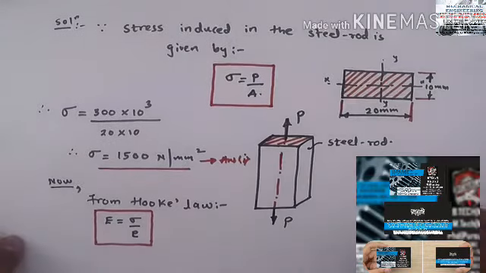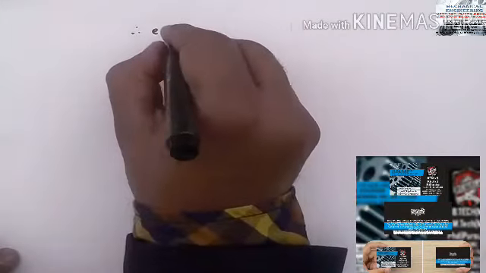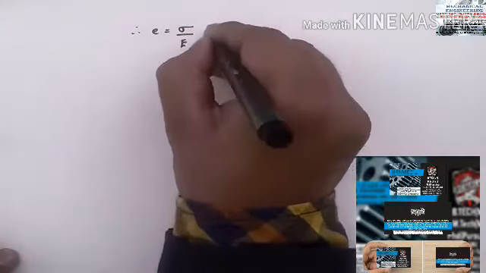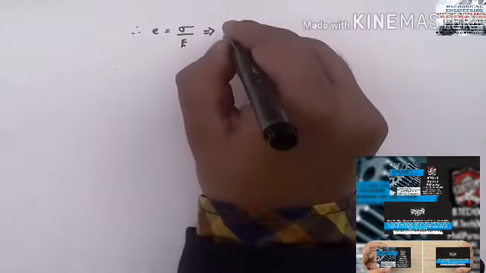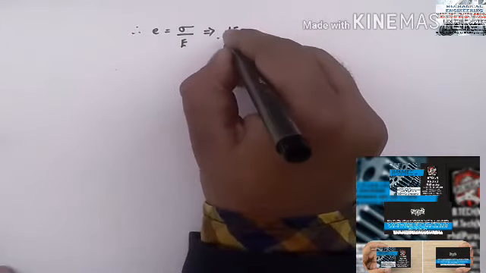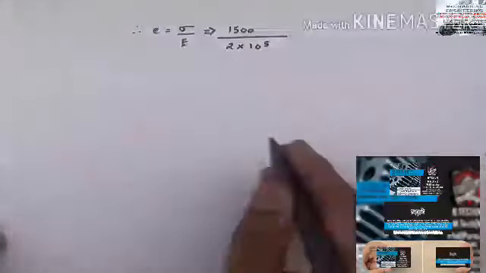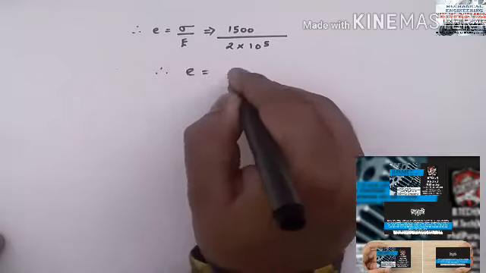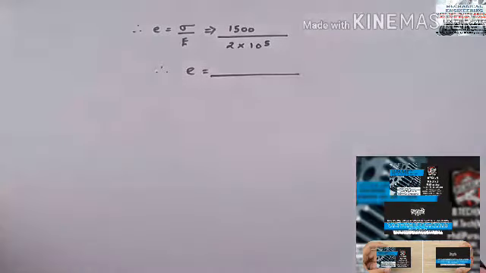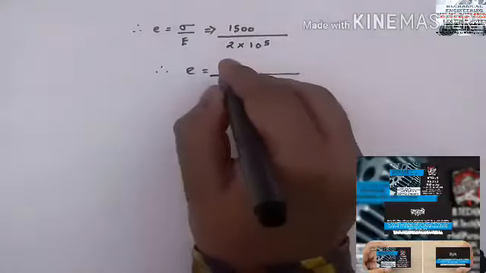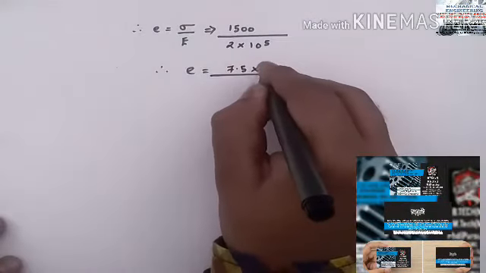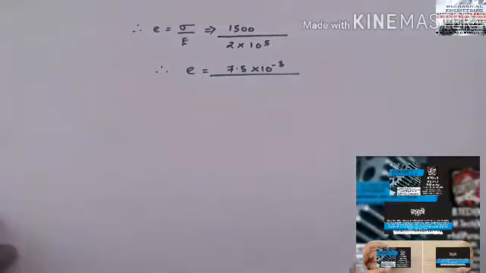So from this I can say that therefore strain will be equal to stress upon Young's modulus. Stress is 1500. Young's modulus is given in the problem. It is 2 into 10 raised to 5. So from this I will get the value of strain, which comes out to be 7.5 into 10 raised to minus 3. This is our second answer.